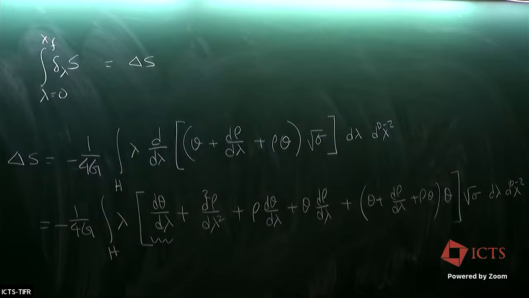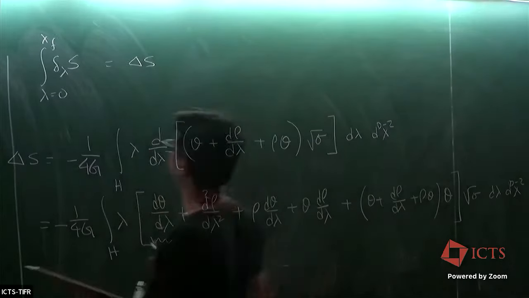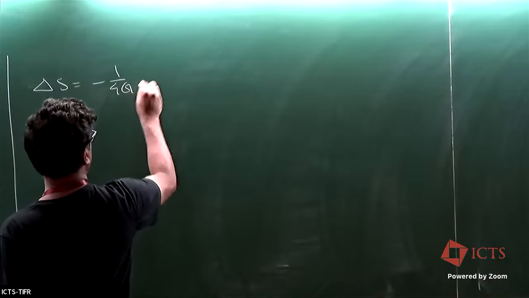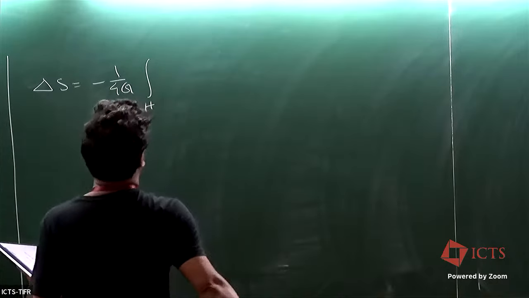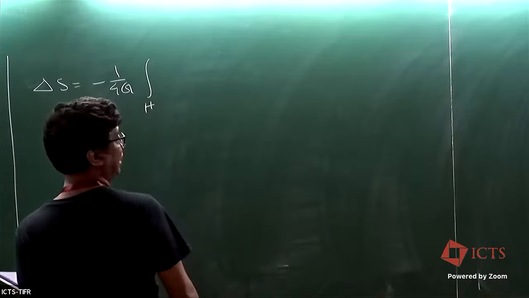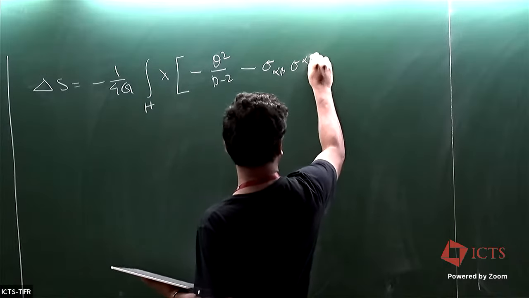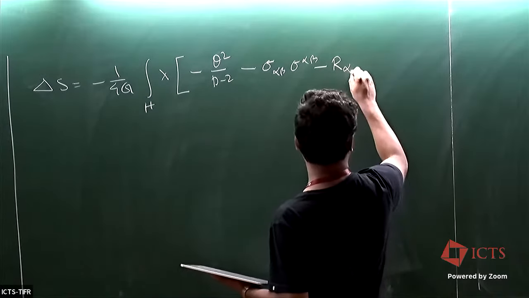Okay, so delta S is minus 1 by 4g integral over the portion of the horizon between lambda 0 and lambda f, of minus theta square by d minus 2 minus sigma alpha beta sigma alpha beta minus R alpha beta k alpha k beta. That's my d theta d lambda part.